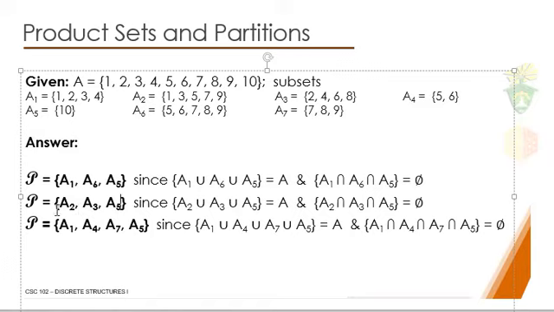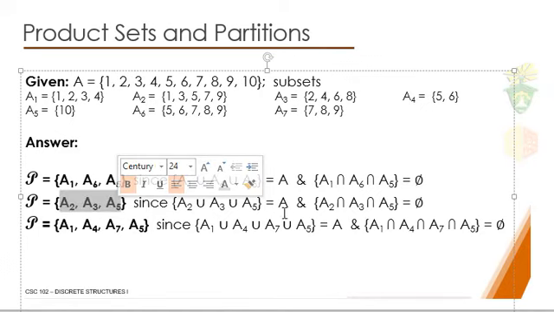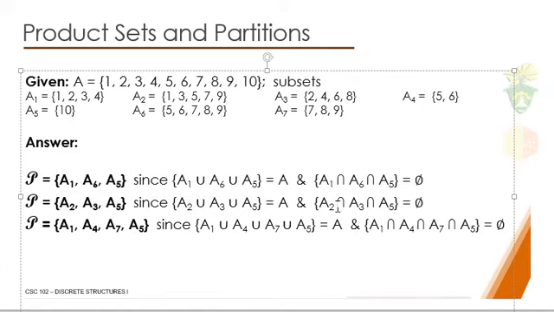So another set, A sub 2, A sub 3, and A sub 5, partition set pud ko na siya because again, the union of these sets equates to A. And ang ilahang intersection is empty. Same goes with the last partition set containing 4 subsets of A.